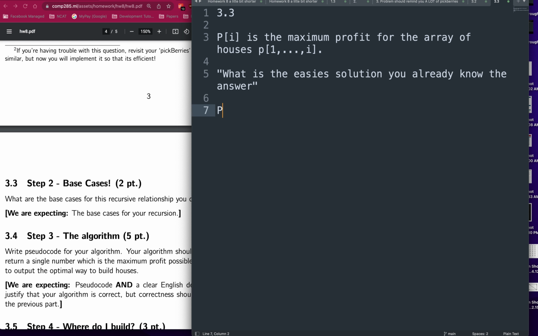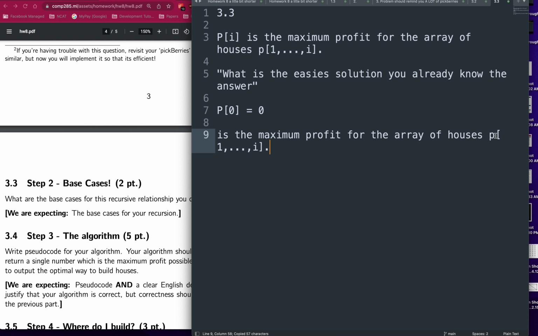And we would say, well, P(0) is 0. Because P(0) is saying, what is the maximum profit for the array of houses 1 up to 0, which is the empty array, right? You go from 1 to 0, which means there's actually nothing in it. And in that case, the maximum profit you can make is 0, right? So P(0) is 0. That's where you start.